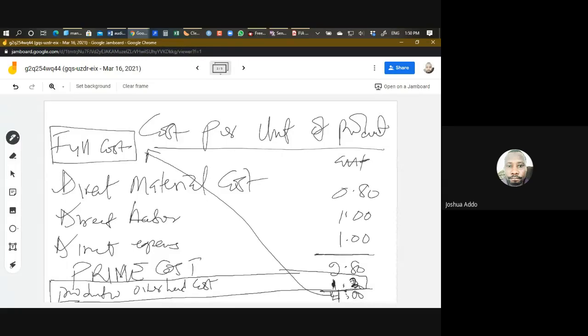So we load 20% on this, which will be 4 into brackets 1 plus 20%. This will give us what the price will be like. So 4 into bracket 1.2. 4 times 1.2. What would that give us?